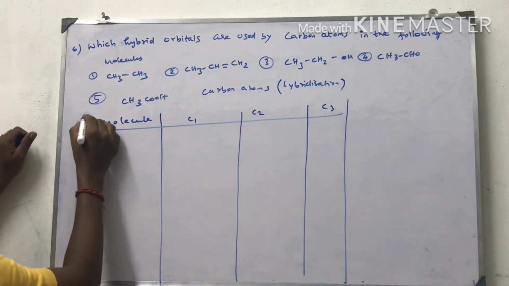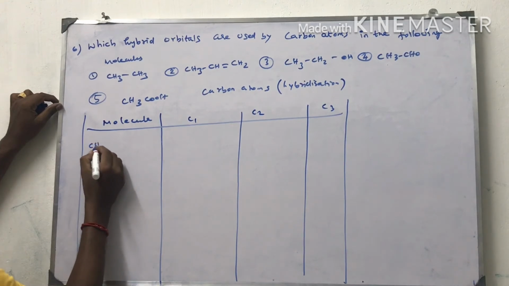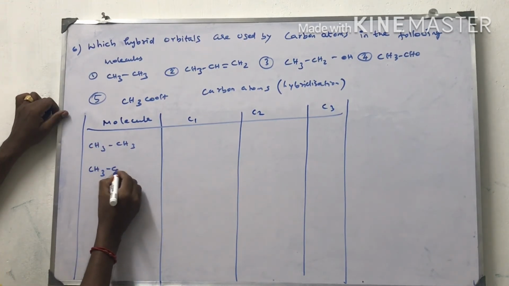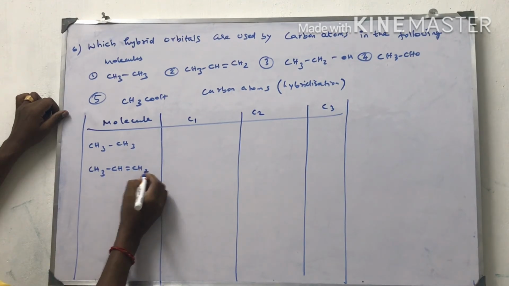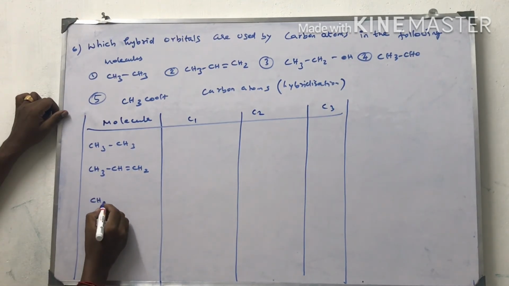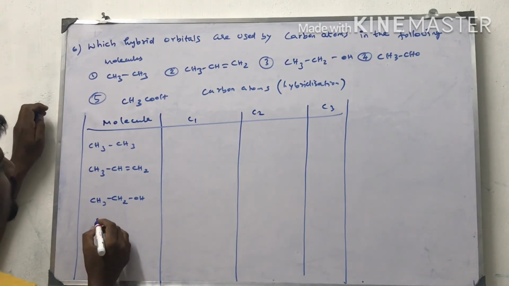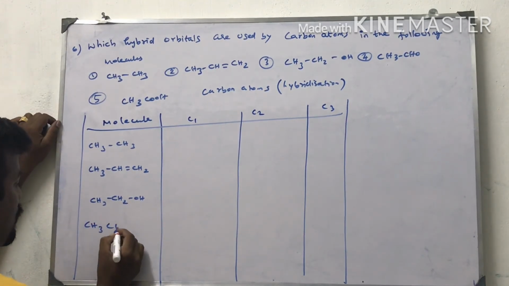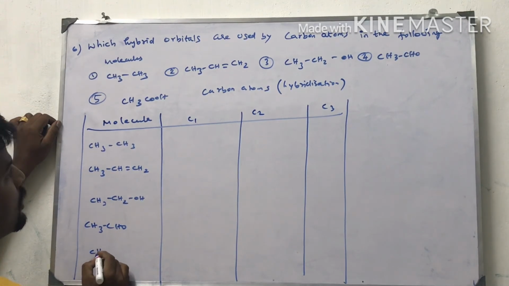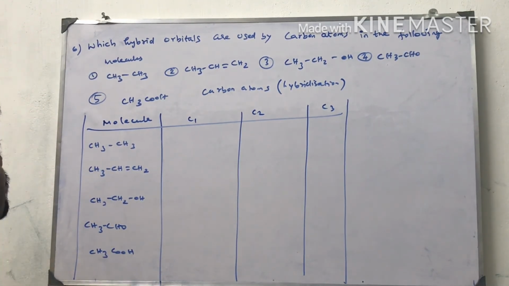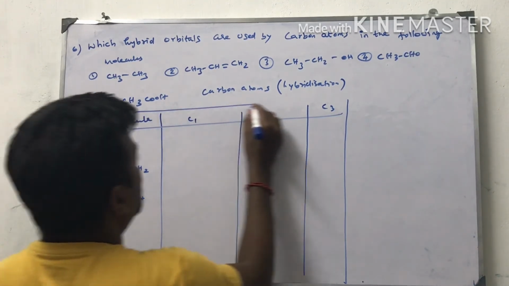Now we have to write all the molecules here. CH3 CH3, ethane. CH3 CH double bond CH2. Then CH3 CH2 OH. Then CH3 CHO. Then CH3 COOH.